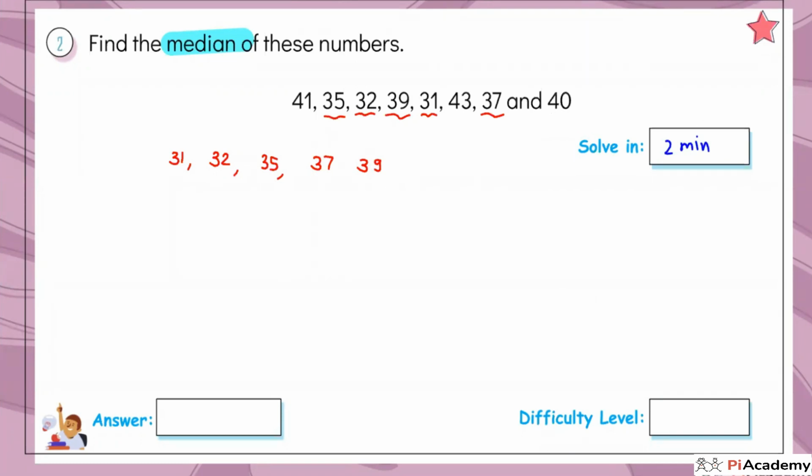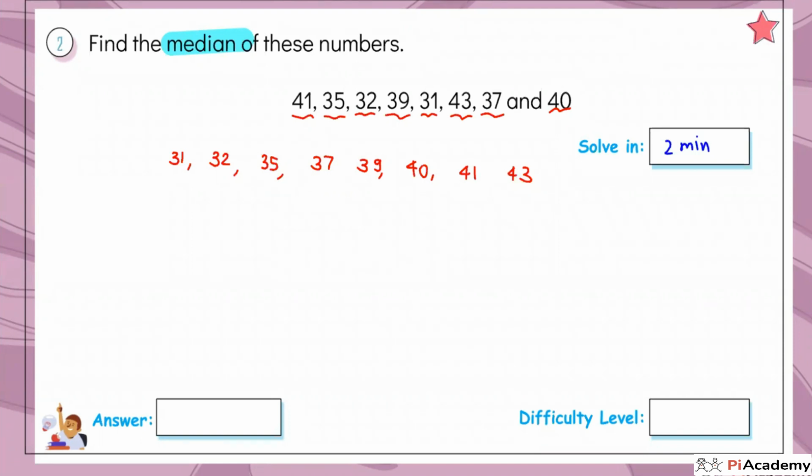So the next number is 40, and then you have 41. And after that, you have the last number, and that is 43. So now please count the numbers given to you. There are a total of 8 numbers given, and in your list also 8. So none of the numbers is missing.